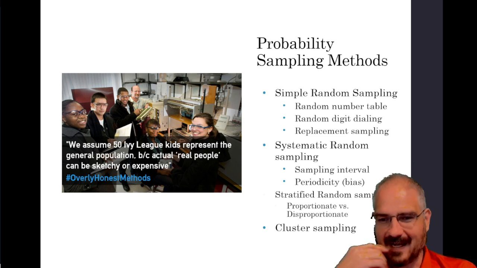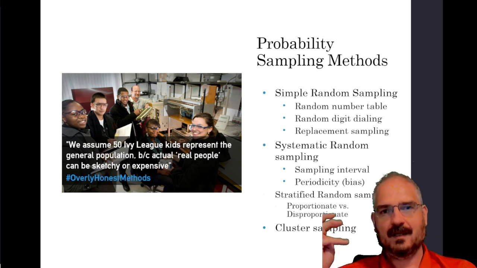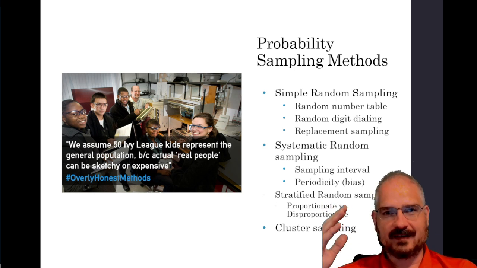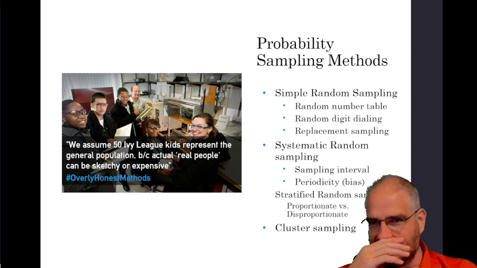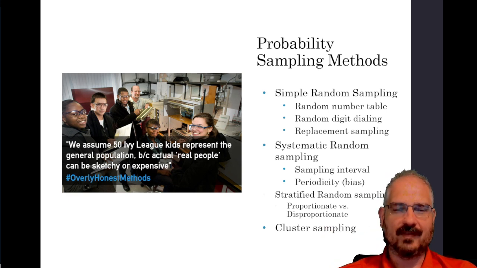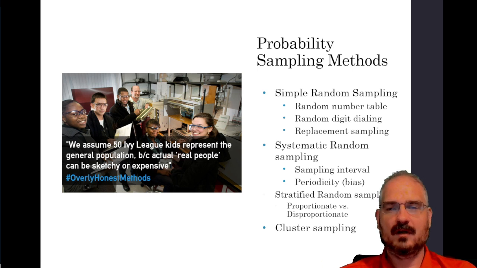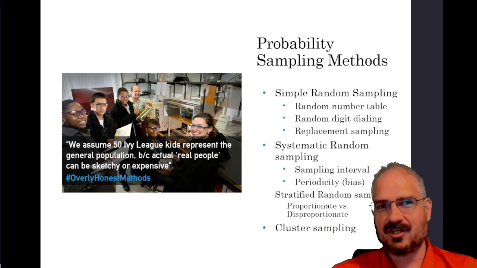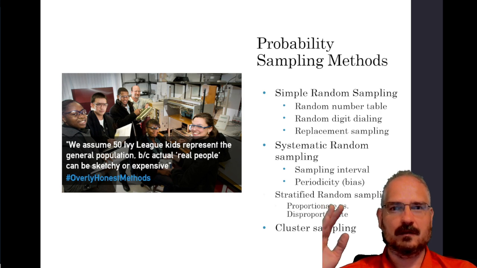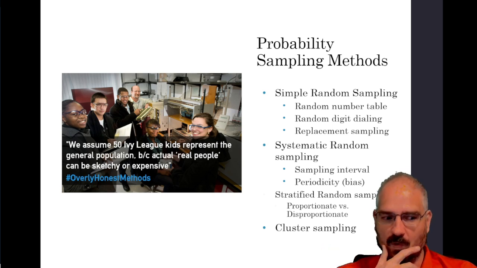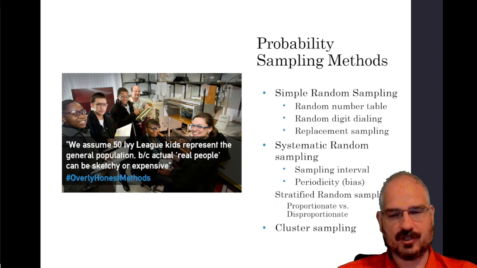Now, with stratified random sampling, usually what this is done for is to guarantee either equal representation or much larger representation of some population group. So let's say we want to sample prisoners, but we really want an equal number of men and women in our sample for some reason.